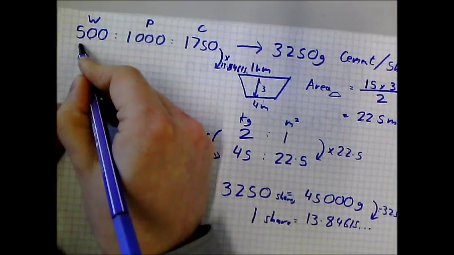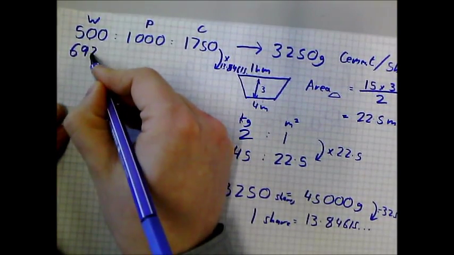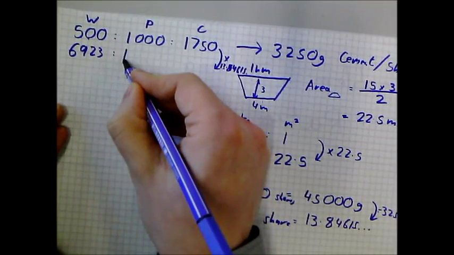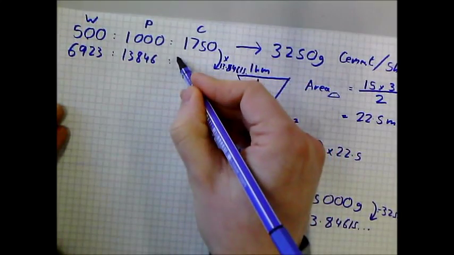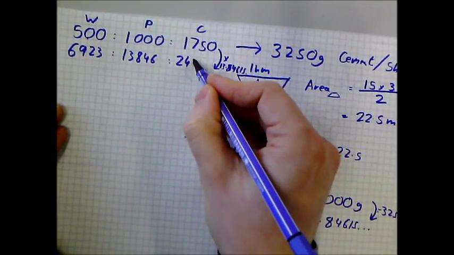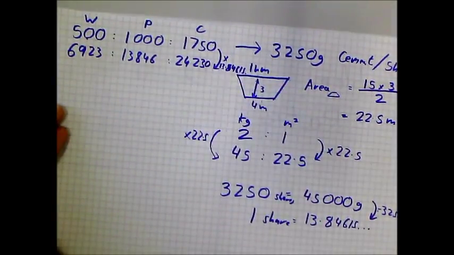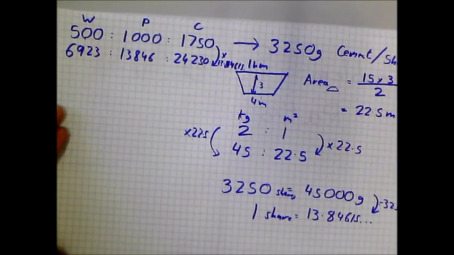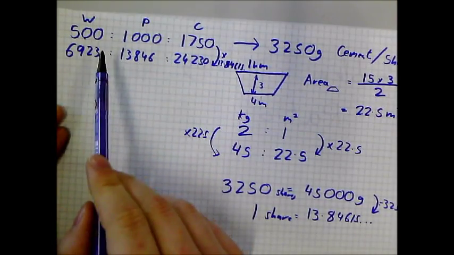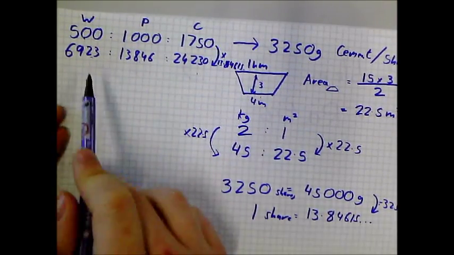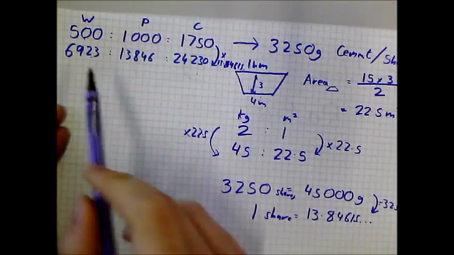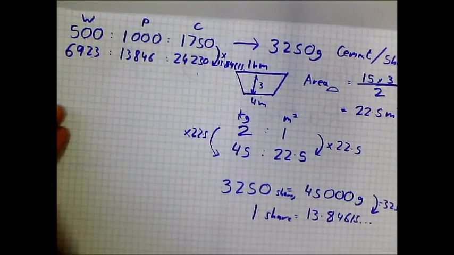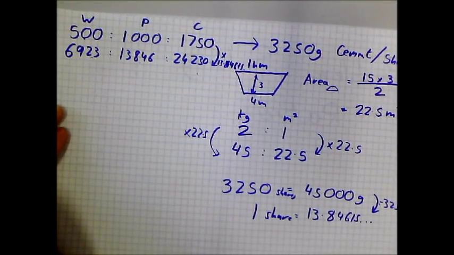If you do that, we eventually get 6,923 grams of water, 13,846 grams of pebbles, and then 24,230 grams of cement. You could do a quick check to see if this works by adding up all the numbers, and you should find that this adds up to just shy of 45,000 grams. There's a little bit lost because of rounding errors, but that works.